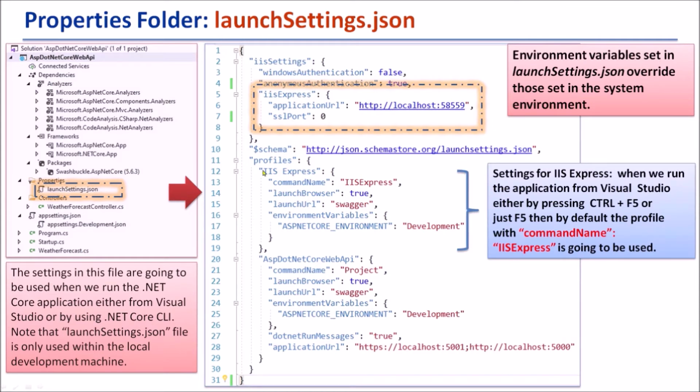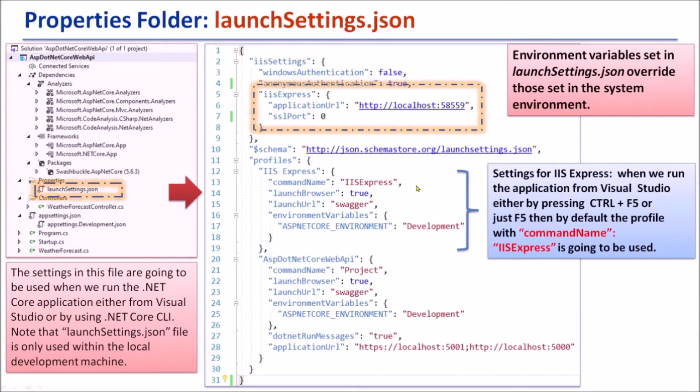The second object is profiles. This is also settings for IIS Express. When we run the application from Visual Studio, either by pressing Ctrl plus F5 or just F5, then by default the profile with command name IIS Express will be used.